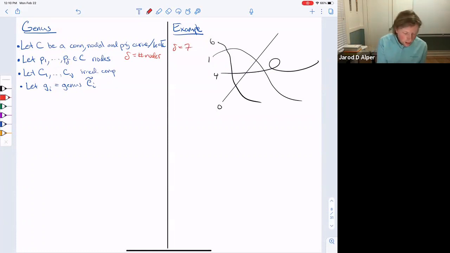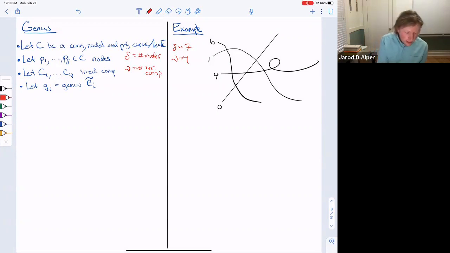And let's let C1 to C mu be the irreducible components of C, and so mu is the number of irreducible components. In this example, it's 4.